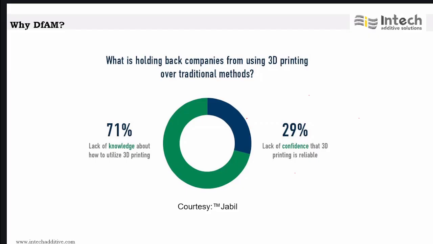These kinds of things lack confidence. But still, people have been working on this, and a lot of things are getting matured in this technology. Now it has come on par with other manufacturing technologies, and it has even replaced the conventional manufacturing technologies also.